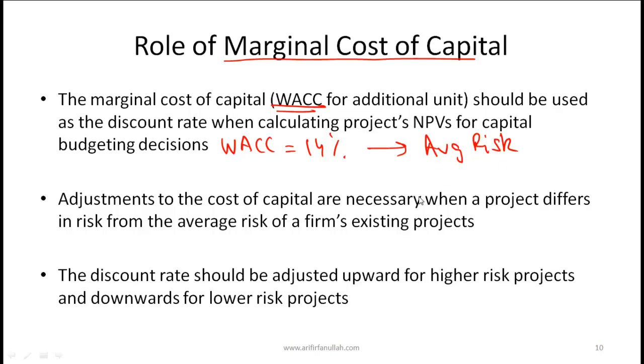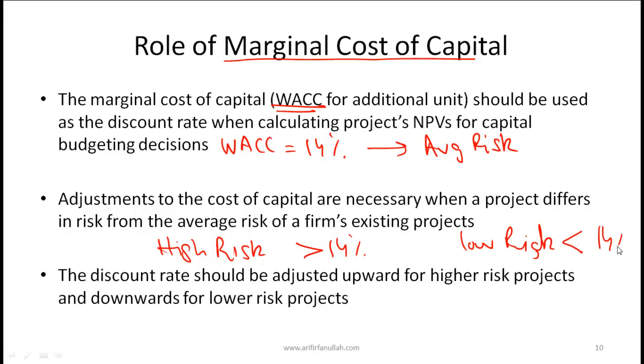If you have a high risk project, then you should use a rate that is greater than 14%, and for low risk projects you should use a rate that is less than 14%. And more details on this later when we talk about how to measure risk and when we talk about the CAPM formula. So the discount rate should be adjusted upwards for high risk projects and downwards for low risk projects as illustrated above.